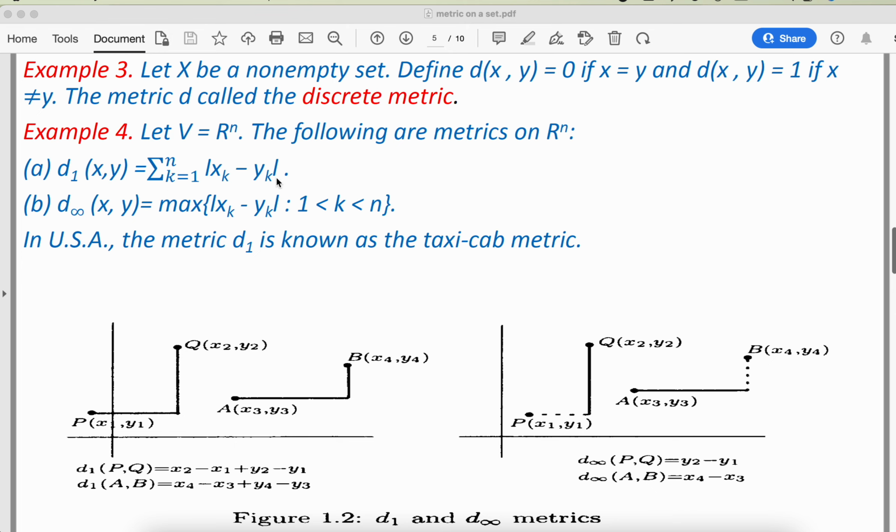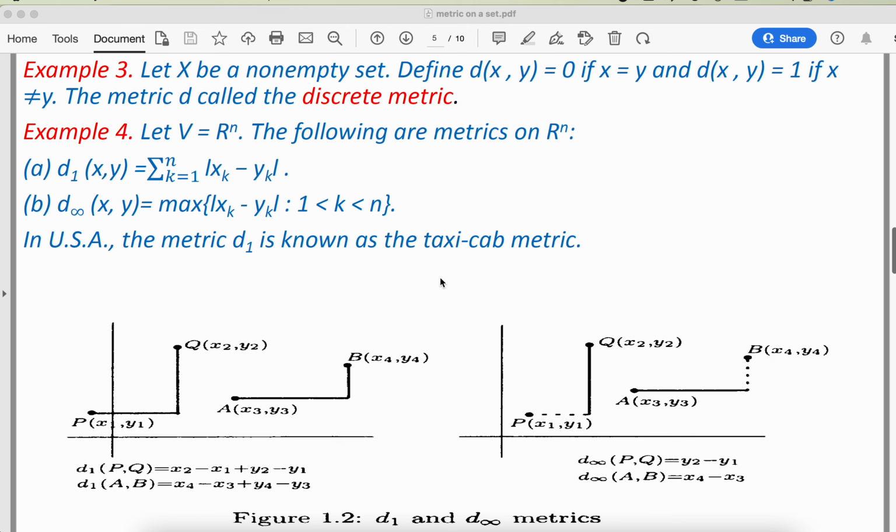We have applied this because d1(x, y) is equal to sigma k equal to 1 of modulus xk minus yk, meaning modulus of x1 minus y1 plus modulus of x2 minus y2 plus modulus of x3 minus y3, and so on.